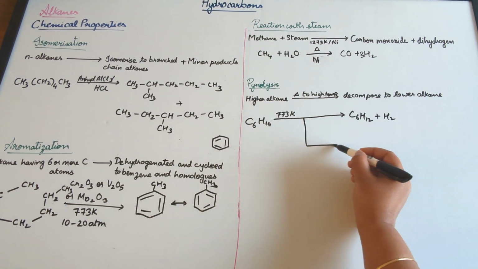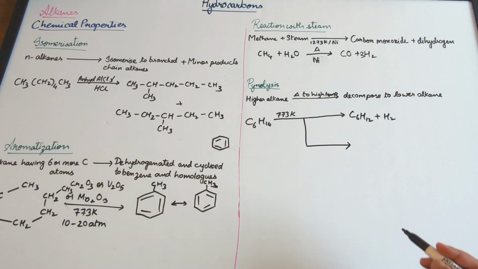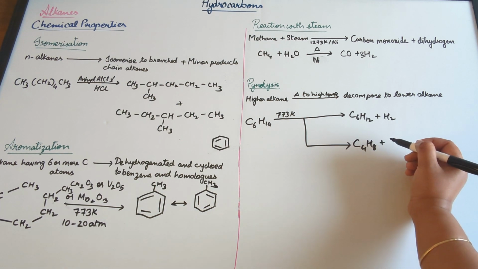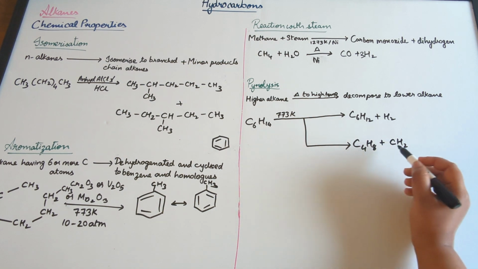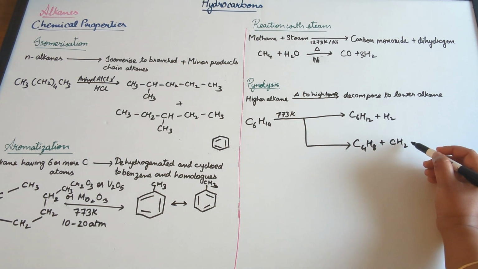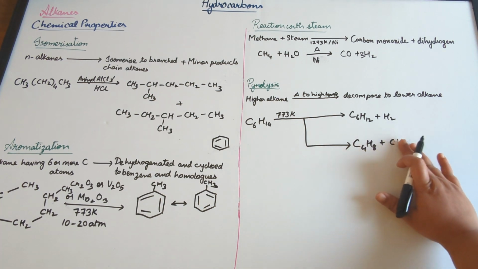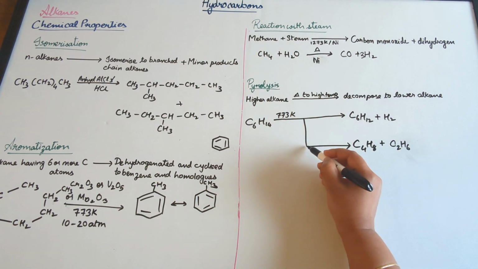The next product that is possible is C4H8. And we are also getting a C2H6, which is, 4 2s are 8, butane, and C2H6, 2 2s are 4. C2H6, I am so sorry, this is ethane.